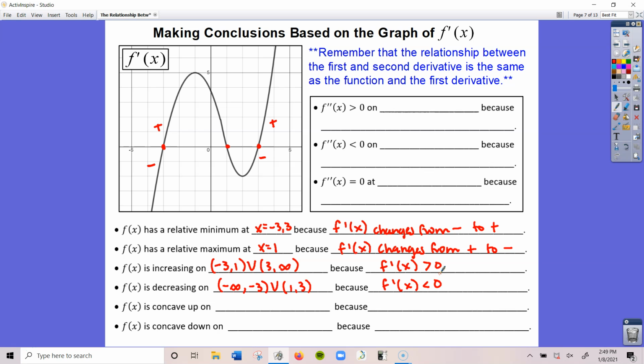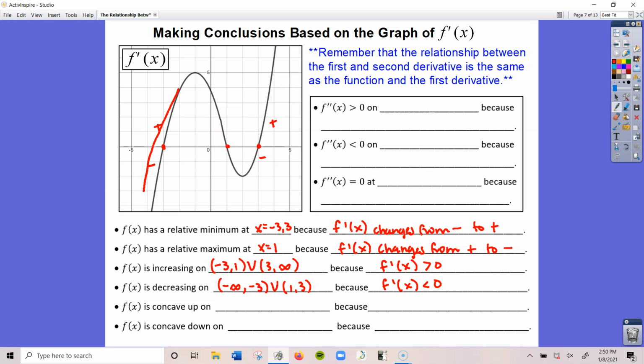Now, f of x is concave up when the second derivative is positive, which also occurs when the first derivative is increasing. So that's what we need to look for on this graph, when my first derivative is increasing.